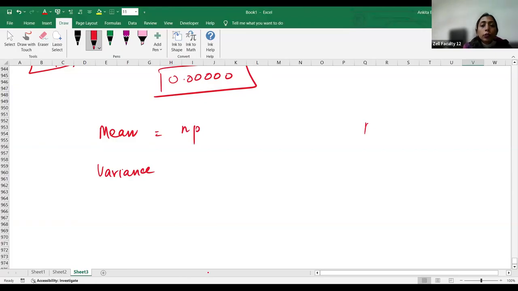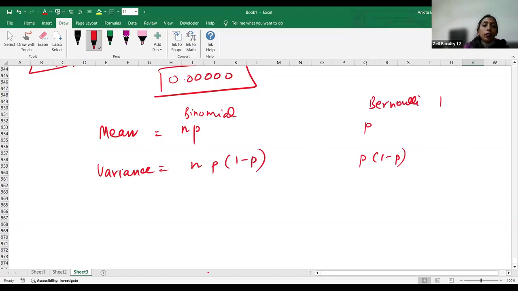For Bernoulli, it was only p. For Bernoulli, the variance was p into 1 minus p. For binomial, the variance is n into p into 1 minus p. So same as Bernoulli, but only addition of n, because there we were talking about only one trial, and here we are talking about n trials.